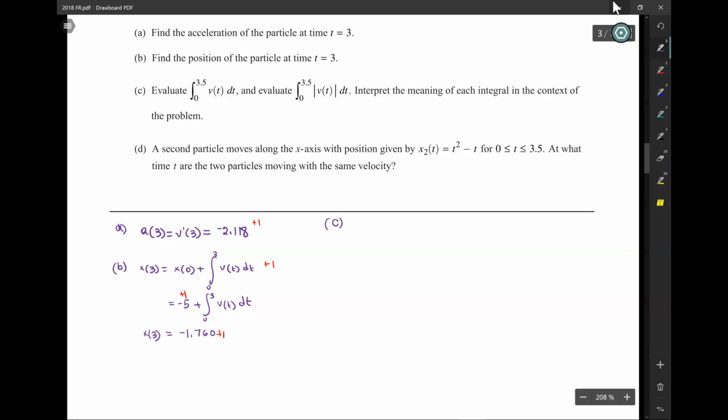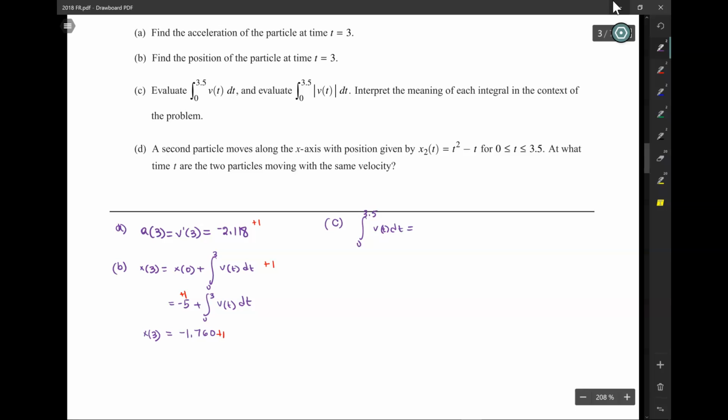Part C, evaluate the integral from 0 to 3.5 of v of t, and then the absolute value. Whatever. Okay, so here's how you write it. The integral from 0 to 3.5 of v of t dt. You already have done this before, right?